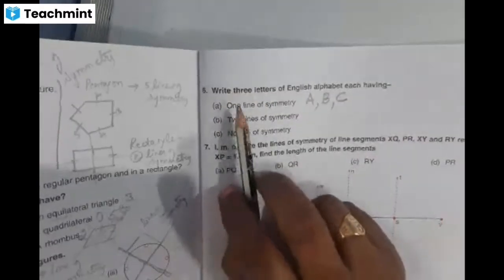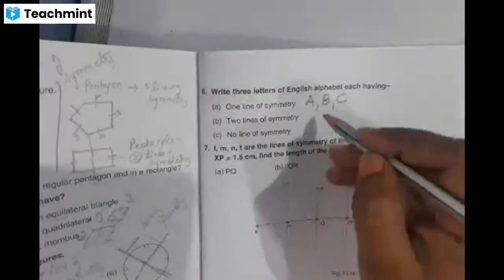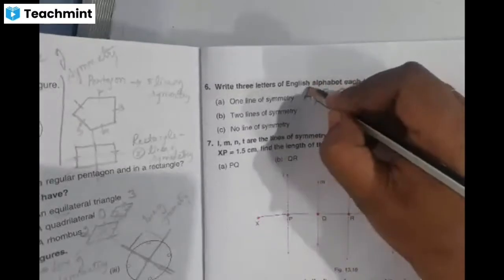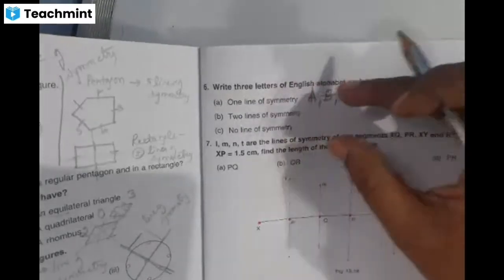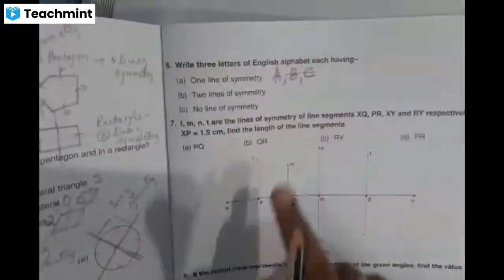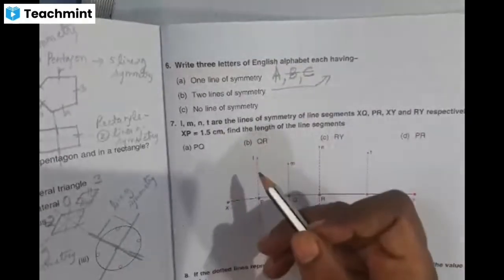Next we have to write 3 letters of the English alphabet, each having 2 lines of symmetry. You can show it in your classwork, children, like for one line of symmetry by writing the big letters and then drawing the line of symmetry. For the 2 lines of symmetry, I'm going to draw it here.